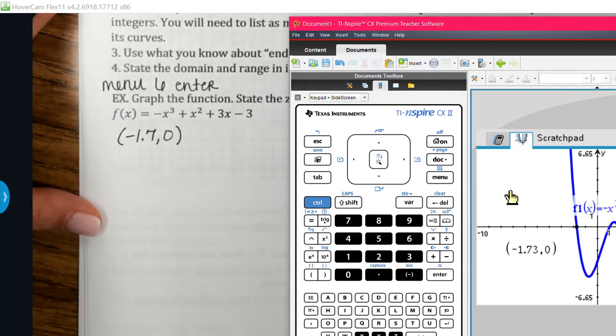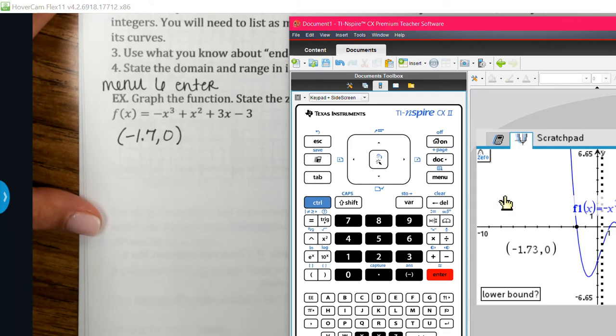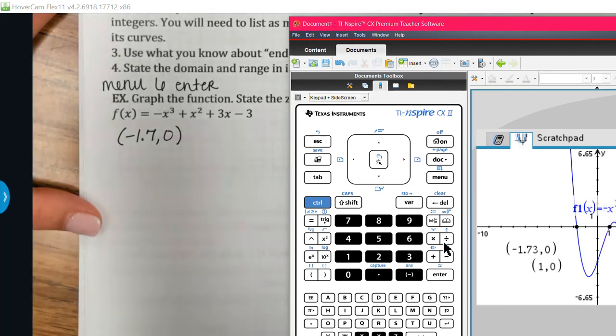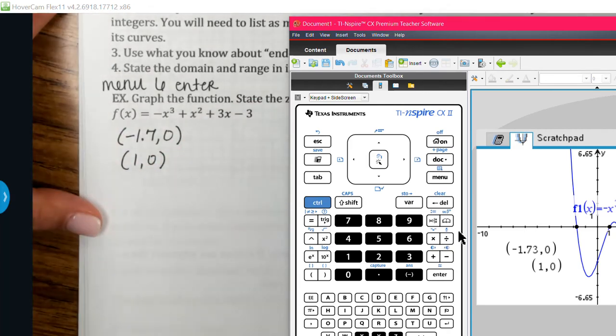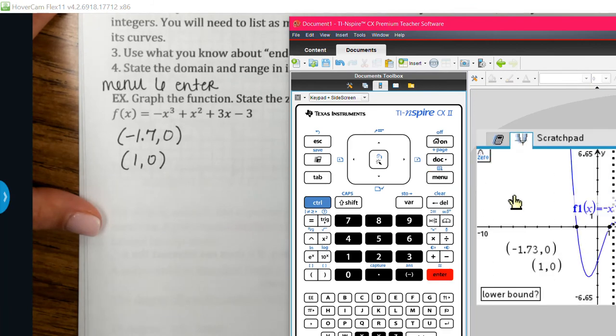Okay. Now this looks like it should be 1, 0, but I'm going to just make sure it is 1, 0. And then I'm going to do my third one the same way, menu 6, enter.